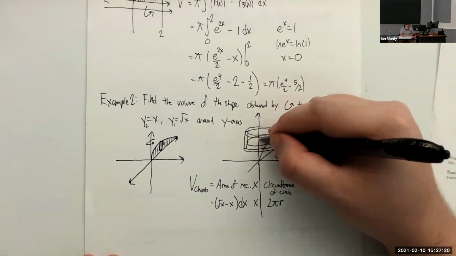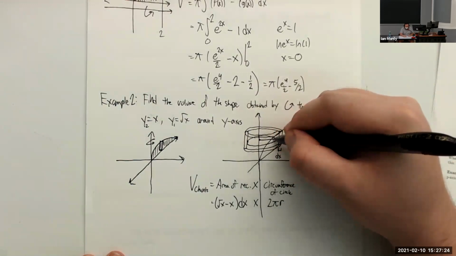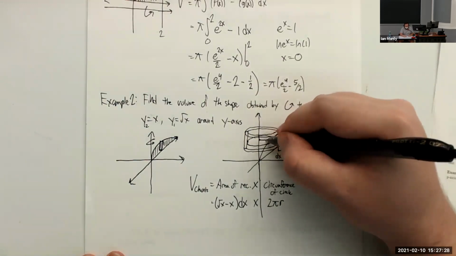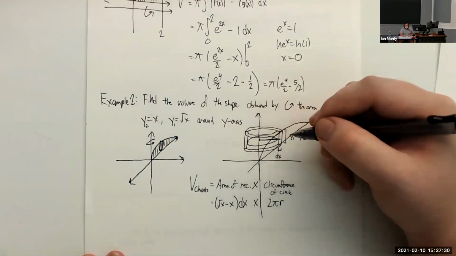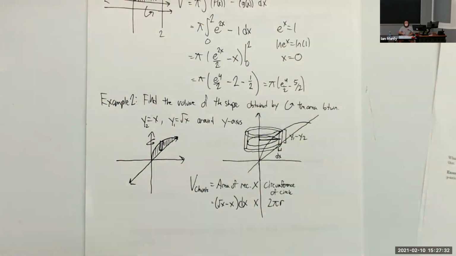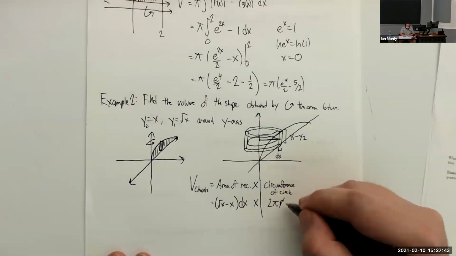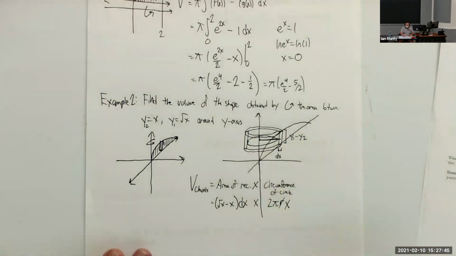So the radius of this cylinder is going to start from this axis and go all the way horizontally to our rectangle. So we're measuring the horizontal distance from an axis to our curve. What do you guys think that's going to be? It's going to be x. You guys predicted correctly. So instead of writing an r, we're going to write an x instead.